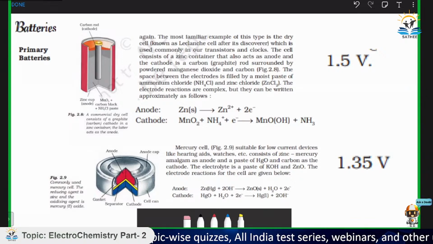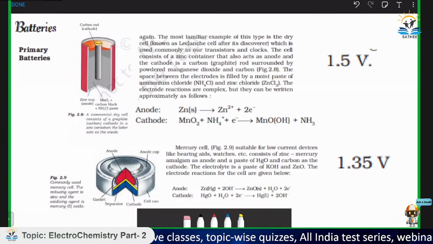Cell consists of zinc container as anode and carbon rod as cathode, surrounded by powdered manganese dioxide and carbon black. The space between electrodes is filled by moist paste of ammonium chloride and zinc chloride. The ammonium chloride and zinc chloride paste serves as agar-agar solution, your salt bridge between anode and cathode. Your anode is the zinc cup and cathode is the carbon rod.